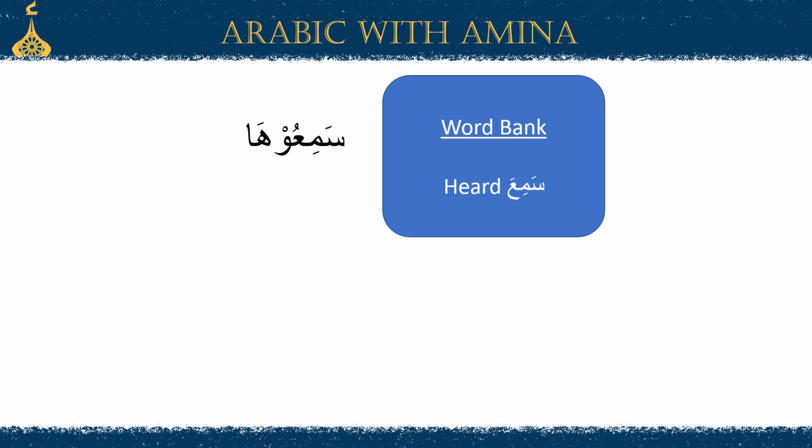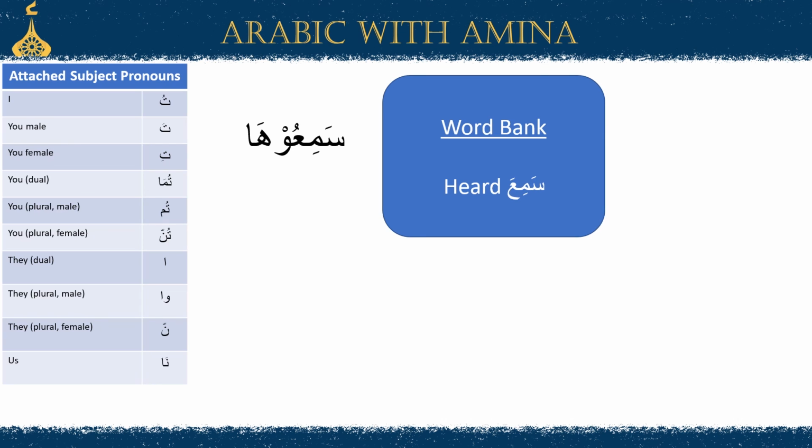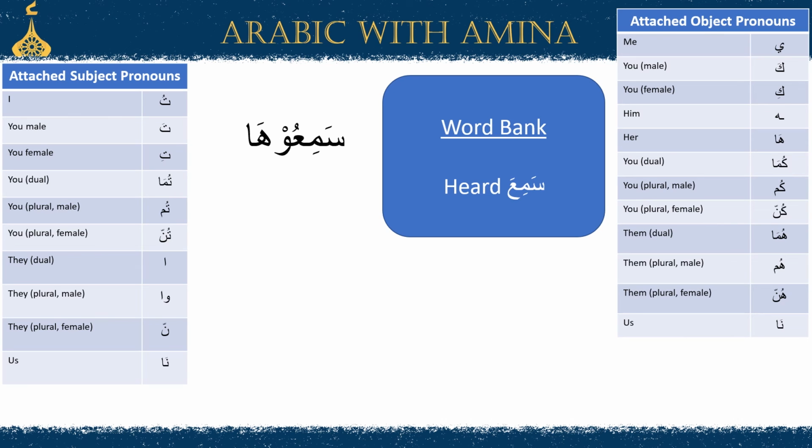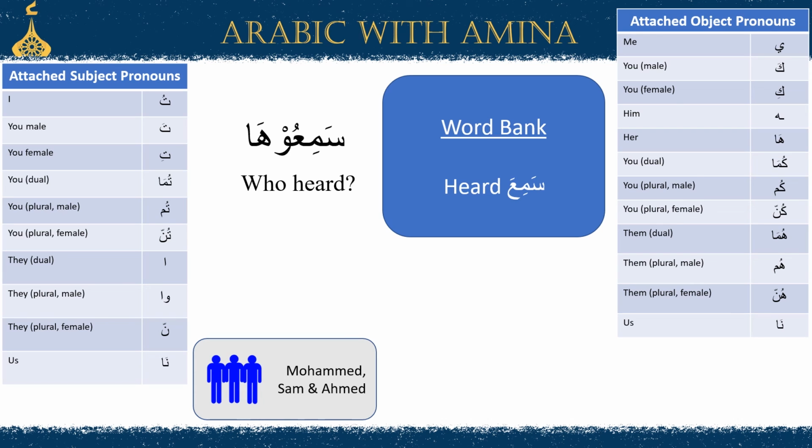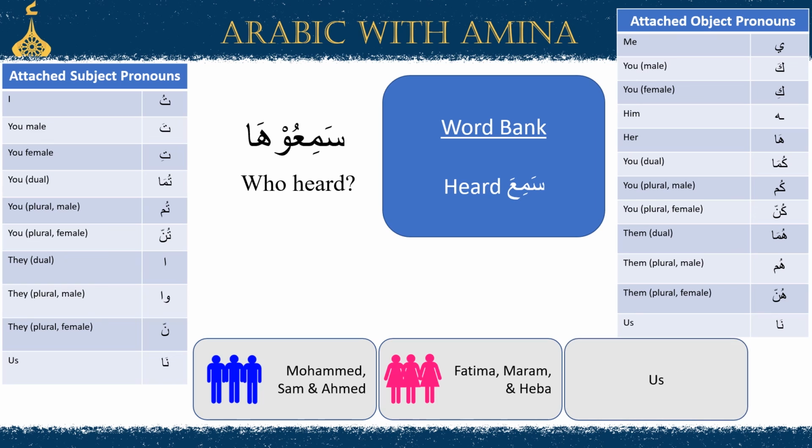Another one, سمعوها. Our word bank, سمع, which was our example in the video, means heard. This is our table for the subject pronouns in the past tense, and this is our table for the object pronouns. So the question now is who heard, or who is the subject of this verb? Is it Muhammad, Sam, and Ahmad? Or is it Fatima, Maram, and Hiba?